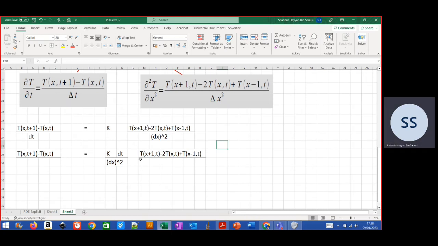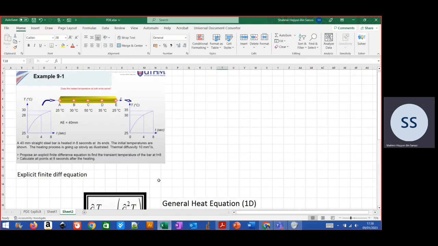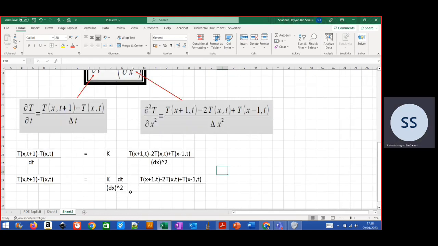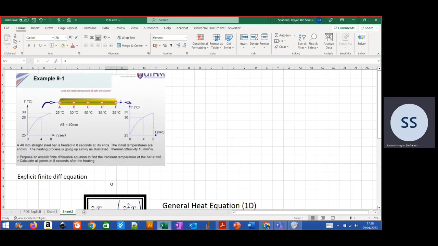Since we have the value of thermal diffusivity, which is our K, and we know that delta T is 4, we can get this value. However, at the moment, we don't have delta x squared. So in order for us to find this value, we need to find what delta x is.